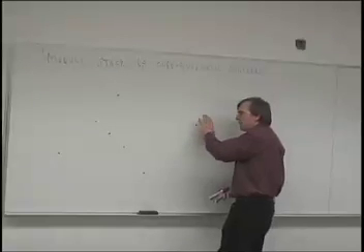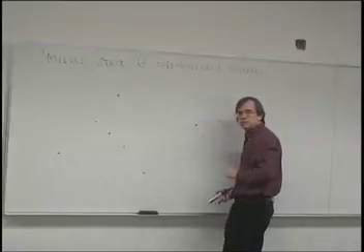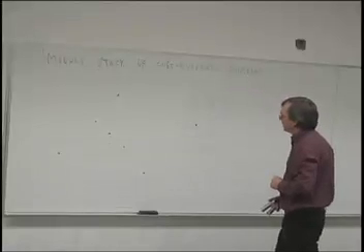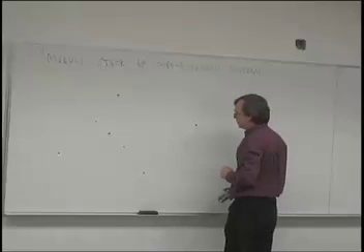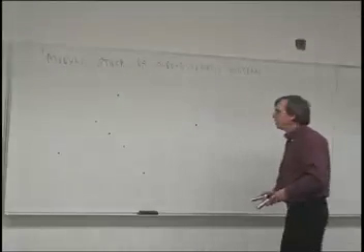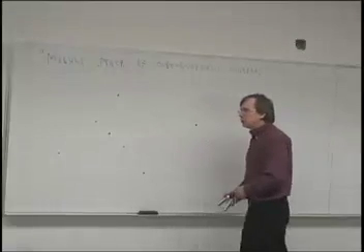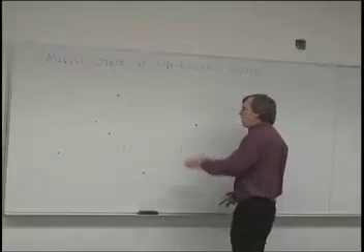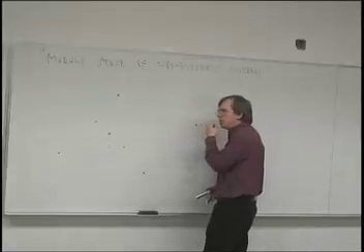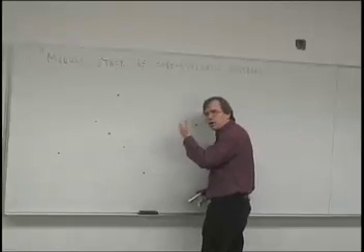Because even if you rotate it, it'll still be isomorphic to this one. So the isomorphisms between the algebras are very important because they tell you when things that look different are really the same.